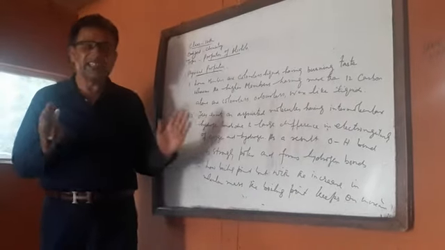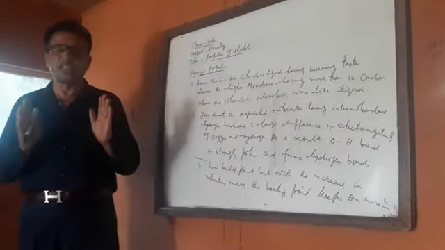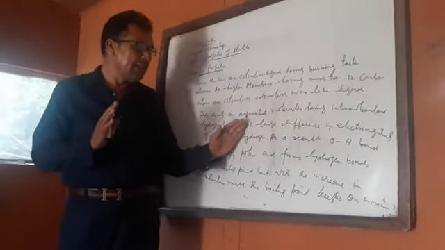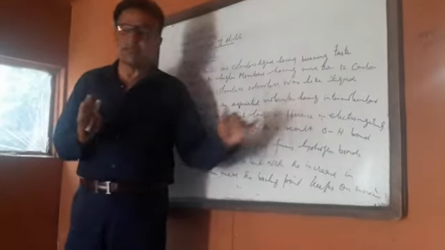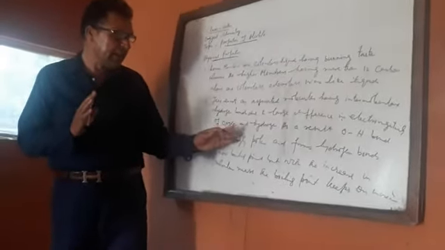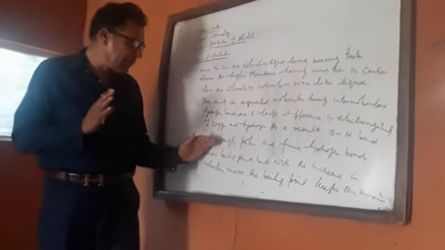Then they exist as associated molecules having intermolecular hydrogen bonds due to the large difference in the electronegativity of hydrogen and oxygen. As a result, the OH bond becomes strongly polar and forms hydrogen bonds.